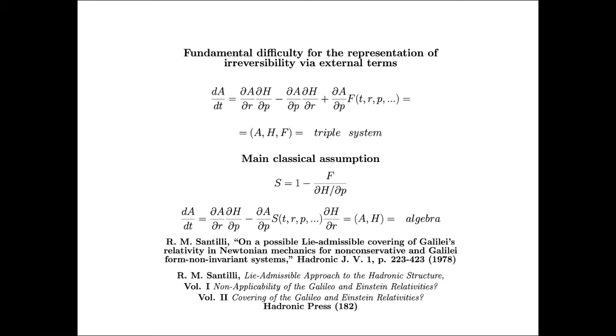The essential results of the PhD thesis, let's recall them, were, first of all, the identification and the representation of irreversibility with the infinite family of external terms in Lagrange's and Hamilton's equations.